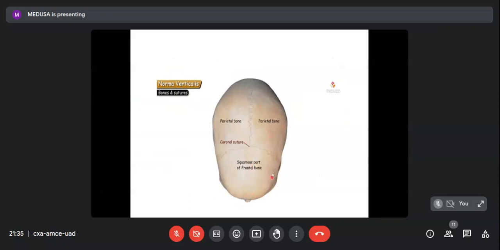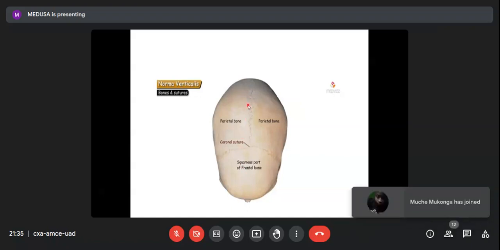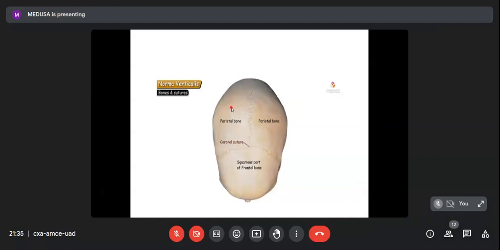This person is standing anatomically. When you start moving from the frontal bone, going backward, you pass the parietal bones. What you're going to notice is that in the middle here, your head is a bit bulged. You can try it on your own.